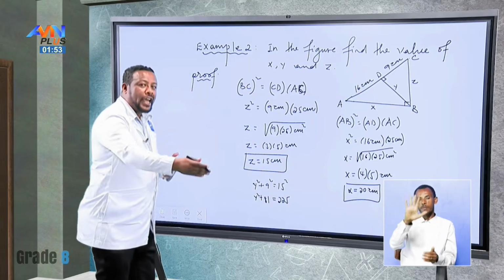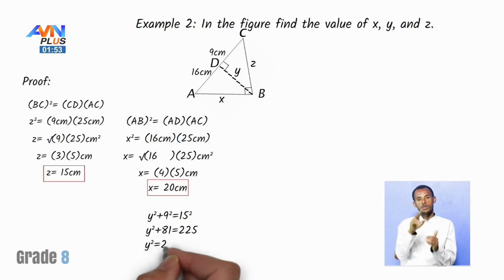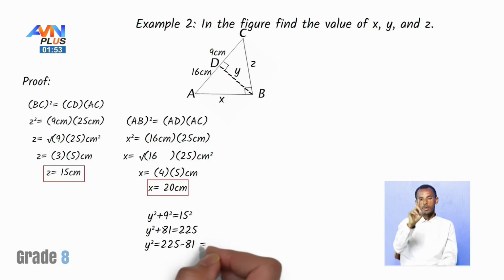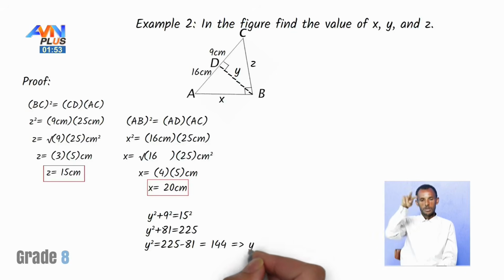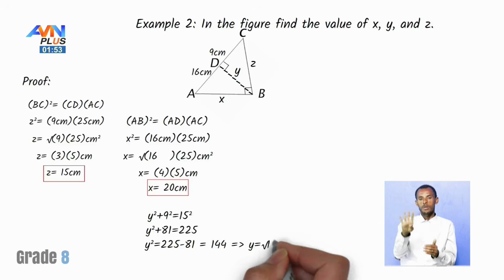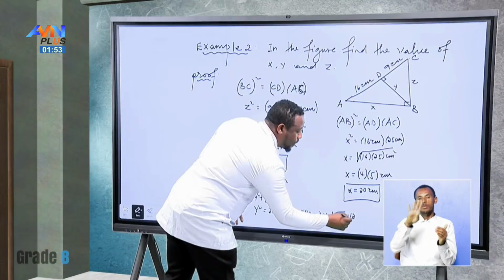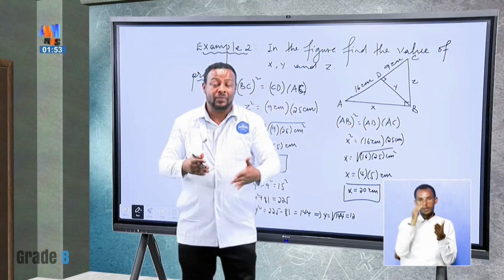Now y squared is equal to 225 minus 81, and this difference is 144. So y squared is 144, and y becomes the square root of 144, or 12. So the value of y in this case is 12 centimeter.